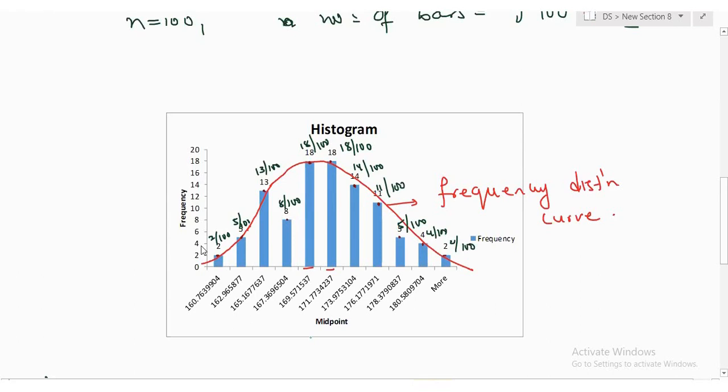If the probability is high, where is my mean or average going to fall? Wherever the probability is high, in that region, my average is going to fall. Make sense, guys? Okay.